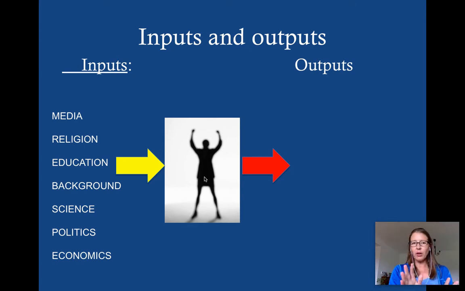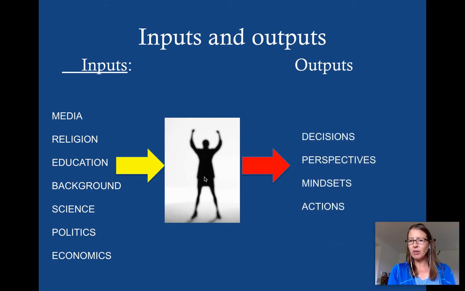All these things about you are going to shape how you view the environment and the world. And all of those things that shape it, that's going to be kind of your core tenets of your value system. And then that's going to allow you to make decisions. It's going to influence the perspectives that you have and the mindset you have about events that are happening and the actions that you ultimately take.